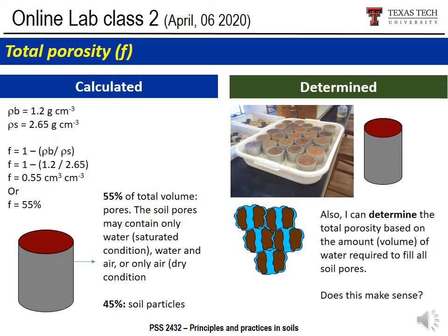Calculated, I need the soil bulk density and soil particle density. And determined, I have to determine the volume of water I need to fill the whole soil pore network. All right, that's it.